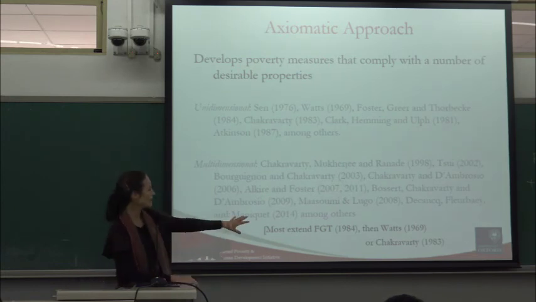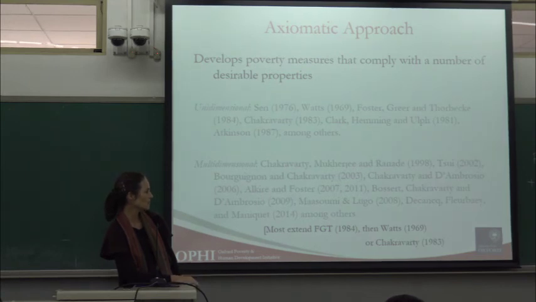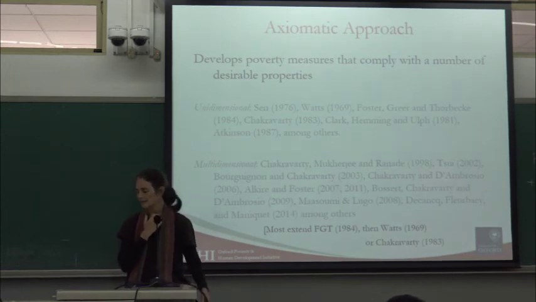Some of the key papers that are extended in multidimensional space are the Foster-Greer-Thorbecke that we went through yesterday, a Watts paper, and a paper by Satya Chakravarti based in India.